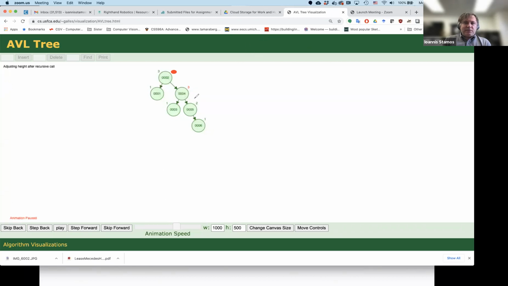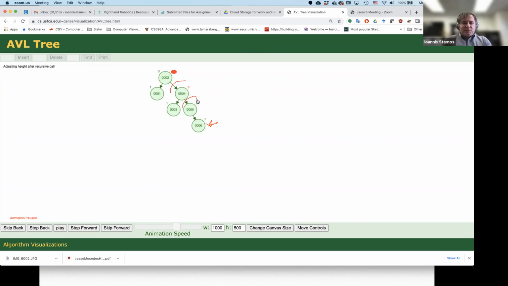What type of rotation is that? Okay, so what do we insert? We inserted 6, right? This guy here. So we inserted it to the right subtree of the right of 2. Do you see that? 6 went to the right subtree of the right of 2.